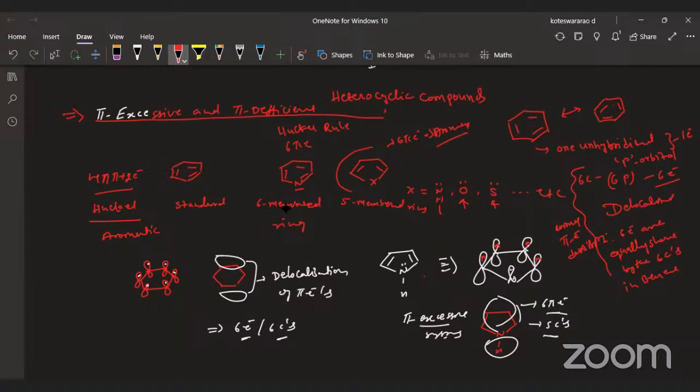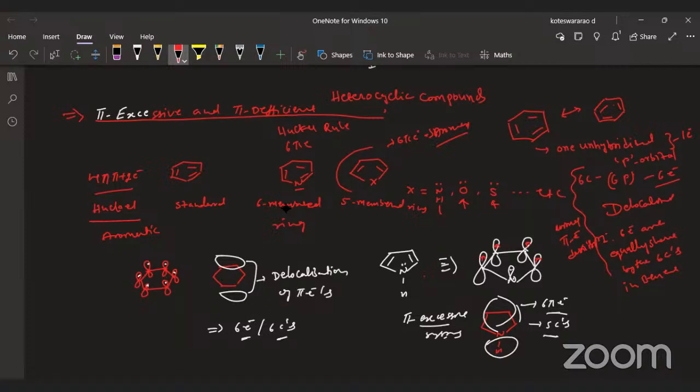But the heteroatom is more electronegative than carbon, so some electron density is drawn towards the nitrogen. When we compare to the electron density on the carbon in benzene, the electron density on the carbons in pyridine is less. On these 5 carbons, the electron density is very low compared to benzene. Why?